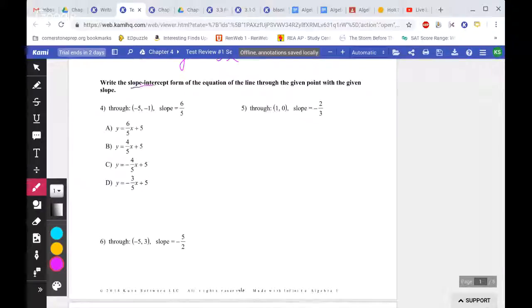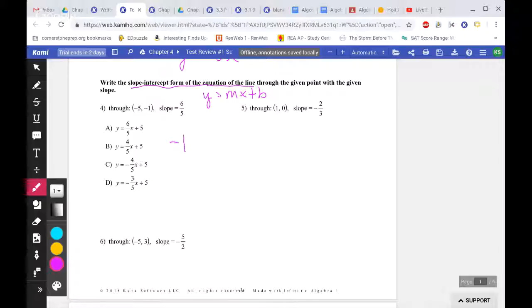So now, once again, we're asked for slope intercept form of the equation of the line. So you should be thinking y equals mx plus b. But now it's given us a point and a given slope. What you do here is plug in the point, and you can either use point slope or slope intercept to figure this out.